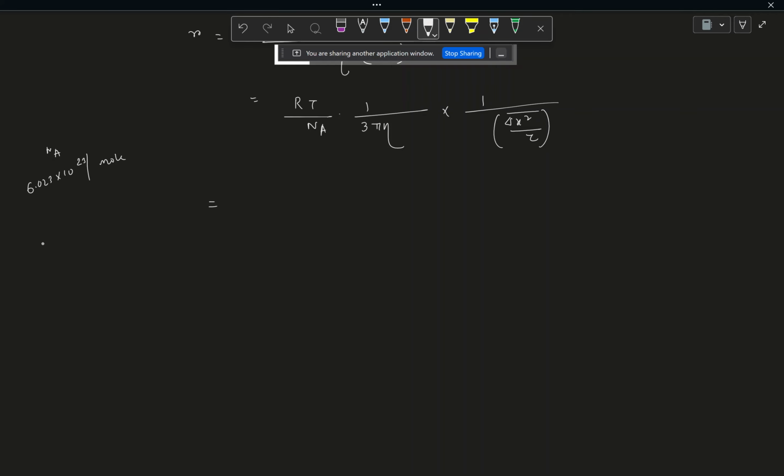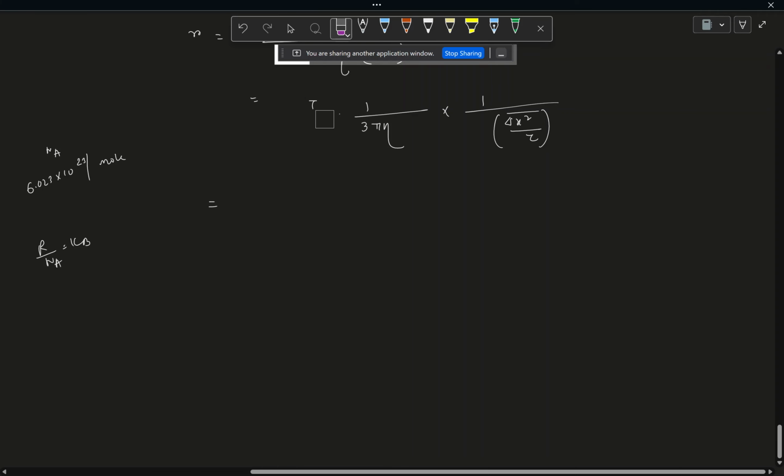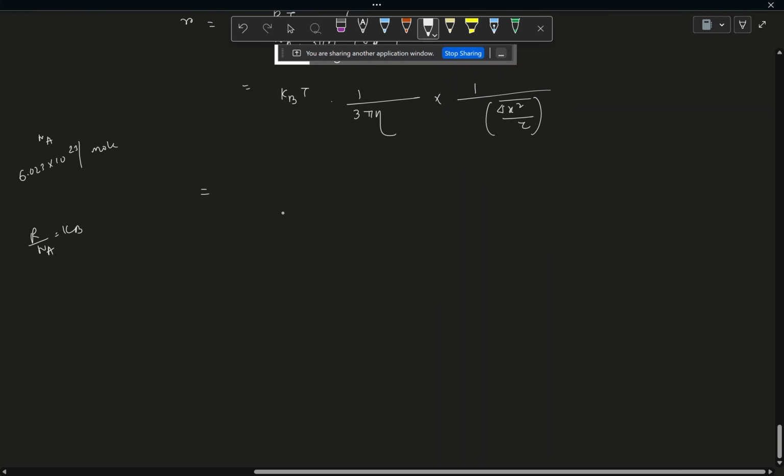Because you already know that R by Na is equal to Kb, you can directly use the value of Kb here. Since we are choosing to work in CGS units, everything is in CGS, remember that.